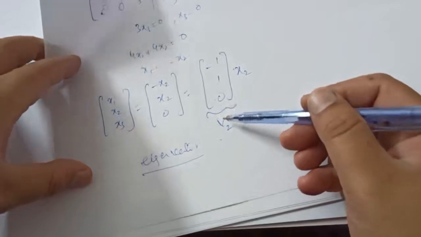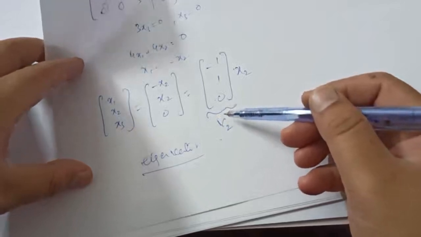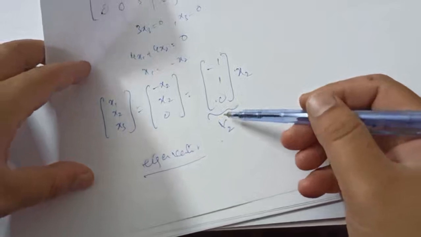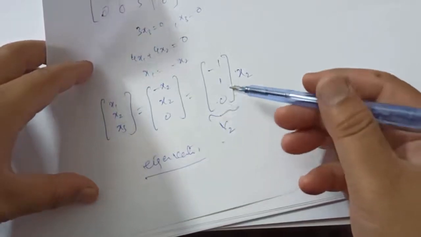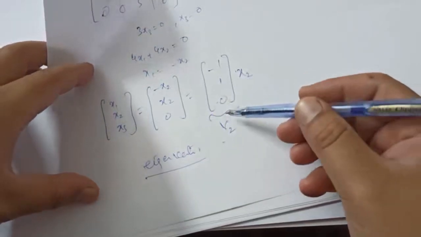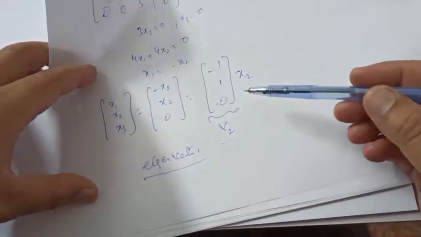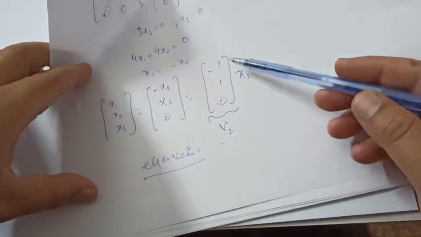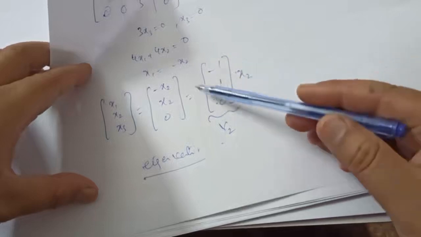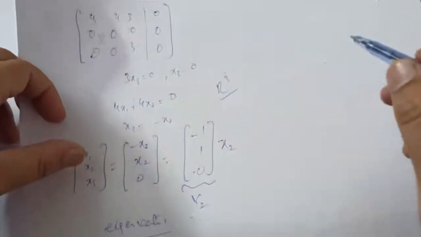Now if you remember the theorem that we just discussed, for A to be diagonalizable, the eigenvectors corresponding to the eigenvalues of A should form a basis of R^n. In this case the vectors exist in 3 dimensions, so it's R3, and we have only two vectors.